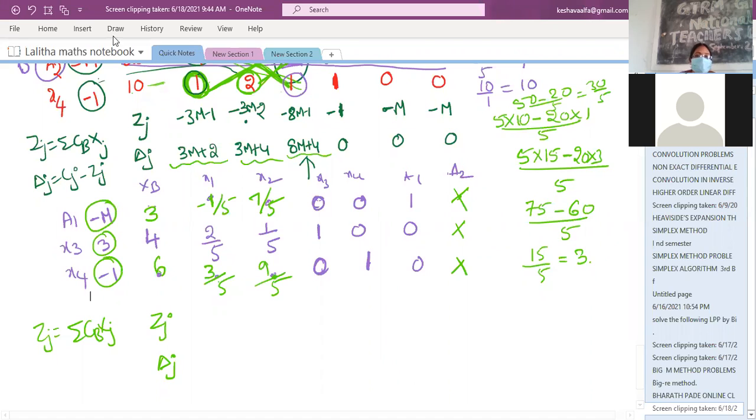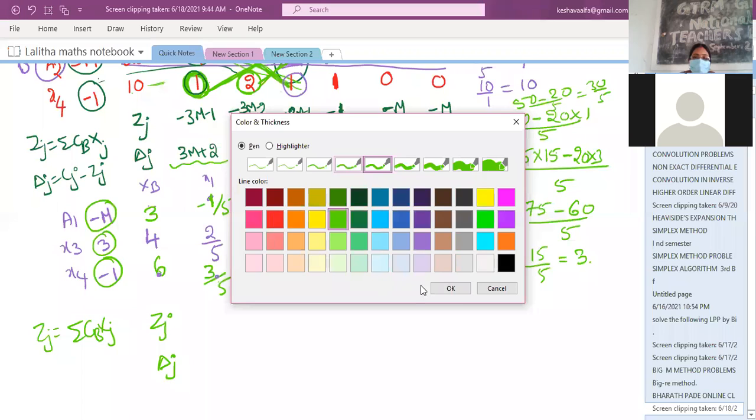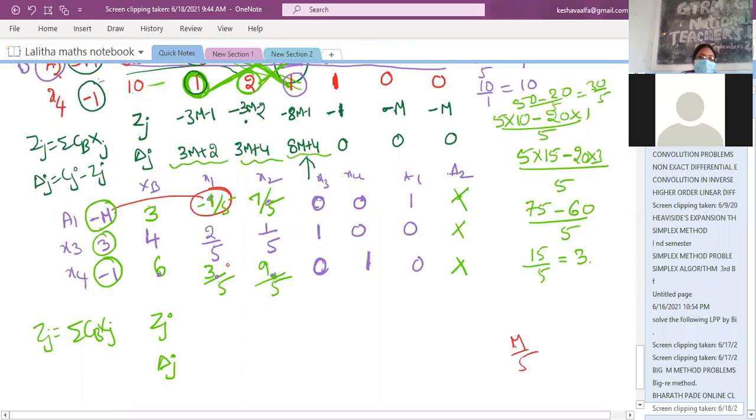Multiply the CB column first value with the X1 column first value: minus M into minus 1 by 5, which is plus M by 5. Next, 3 into 2 by 5, that is 6 by 5. Next, minus 1 into 3 by 5, that is minus 3 by 5.